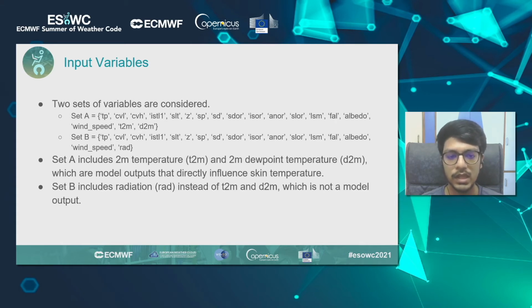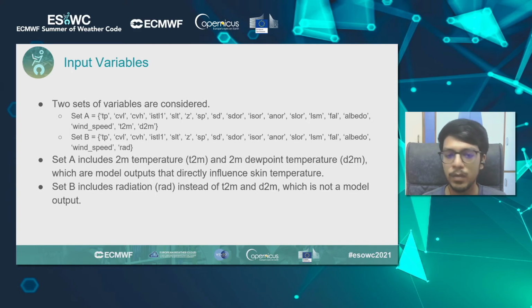The first set contains T2M and D2M, which are model outputs directly influencing the skin temperature. The skin temperature, or land surface temperature, is the model output, and these are like a proxy to that data.